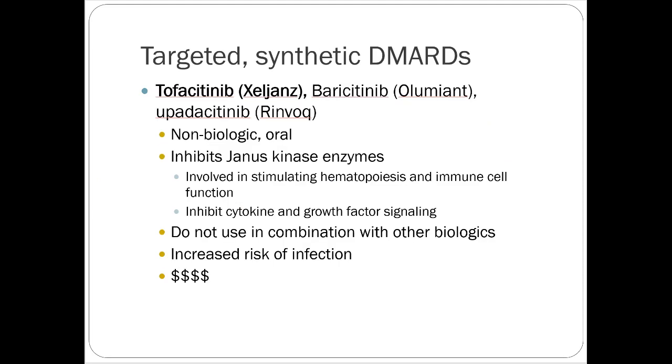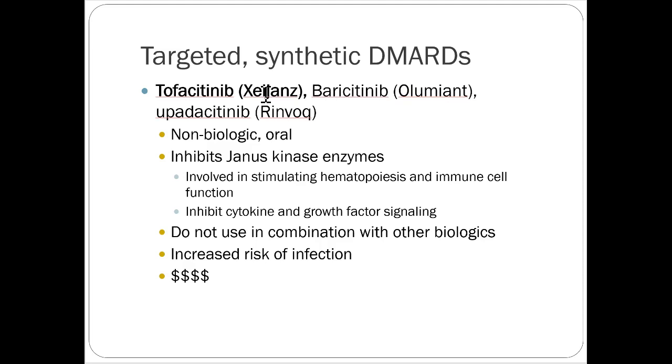One to remember, this was a heavily advertised drug: the kinase inhibitors. There's different types of kinase: tyrosine kinase, Janus kinase, or Janus, I don't know how you say that, but the drugs that end in nib or inib are often used for different types of immune diseases or chemotherapy applications.